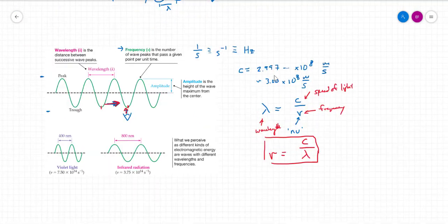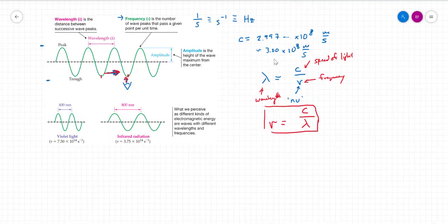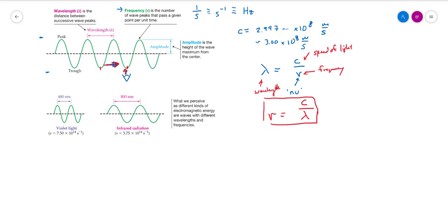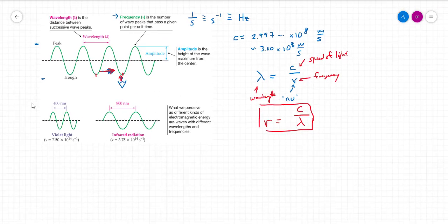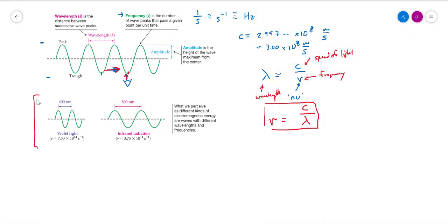Okay, so let's scroll back up here. This bottom figure helps us understand the relationship between wavelength and frequency graphically, relating two different photons of different wavelength or frequency. Here you've got a shorter wavelength, so a shorter distance between the peaks of the wave.